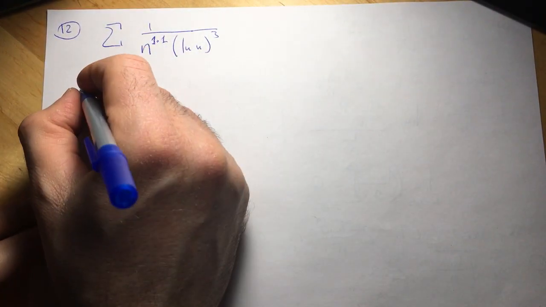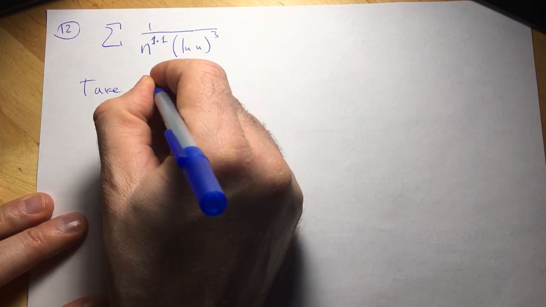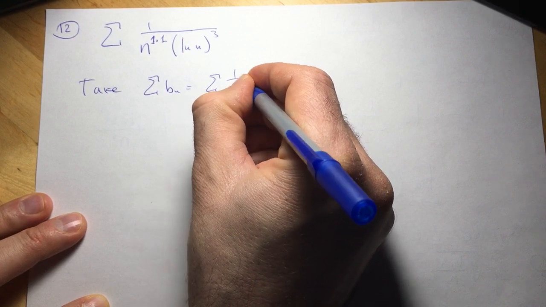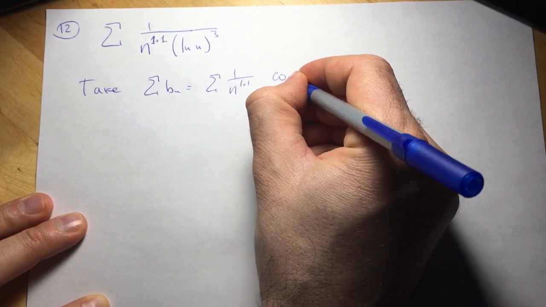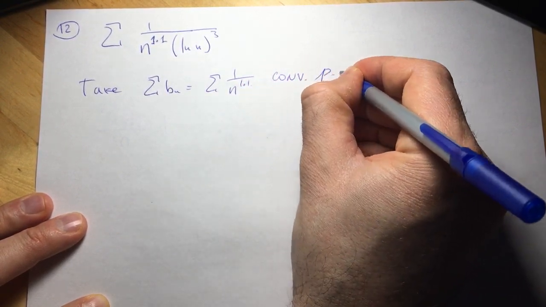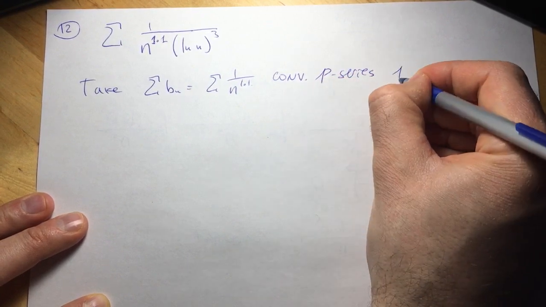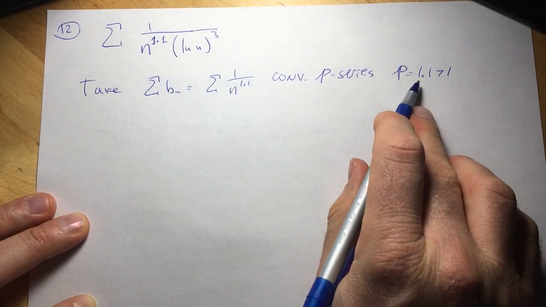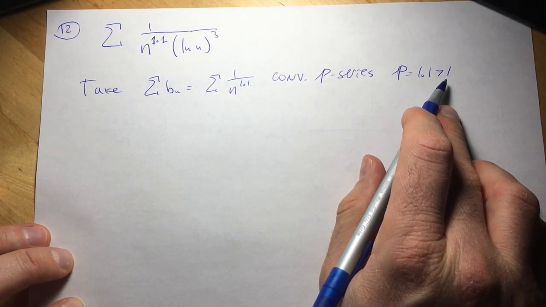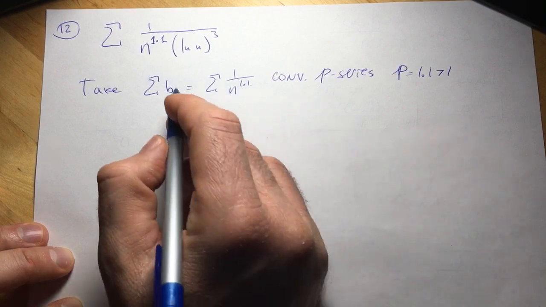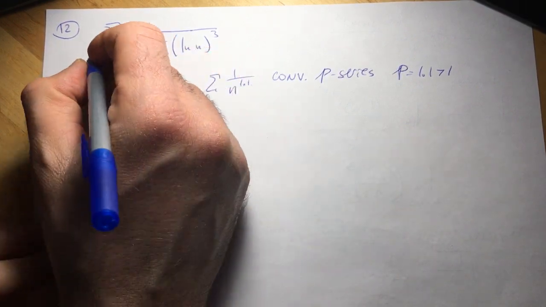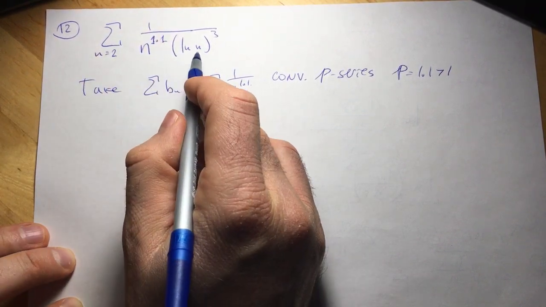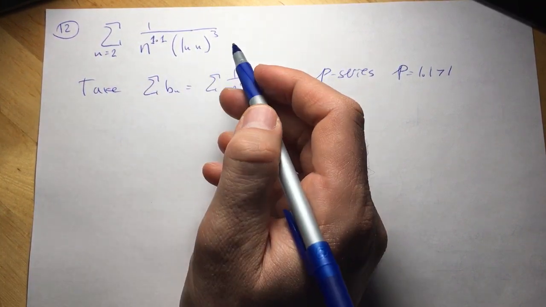I will take bn to be sum of 1 over n to the power 1.1, which is a convergent p series with p 1.1 greater than 1, right? 1.1 is definitely greater than 1. But now ln of n to the power of 3, here n cannot be 1. I cannot start with 1. I have to start with 2 because ln of 1 is 0 and I cannot divide by 0.